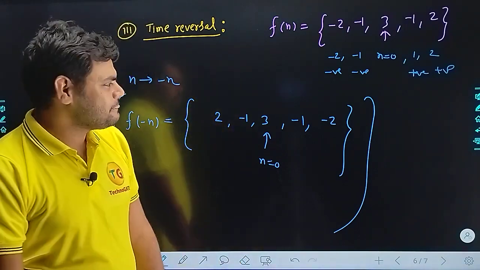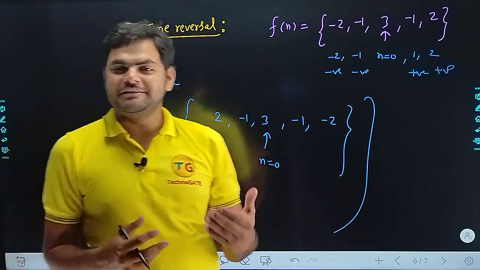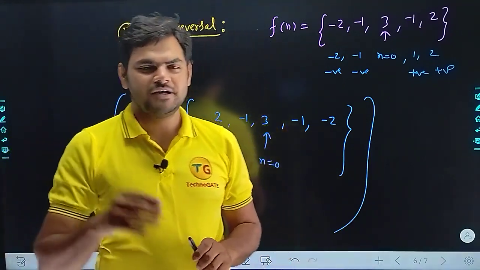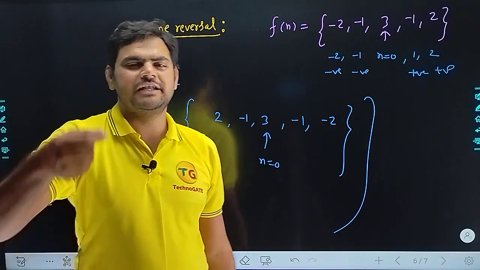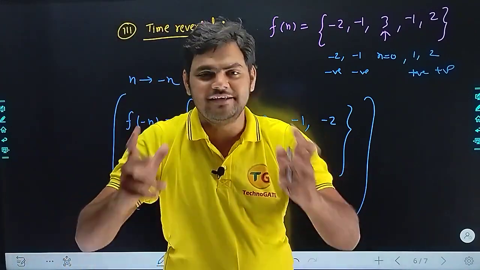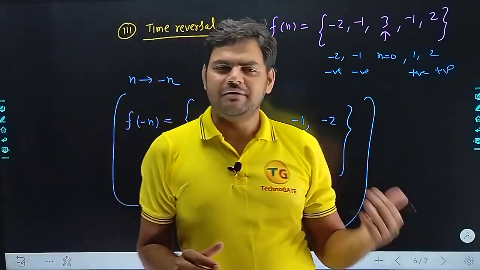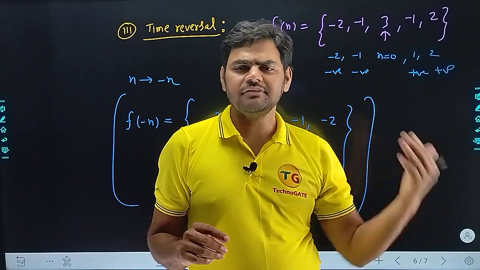Simple. Okay, guys, that will be enough for today's session. I think we will meet in the next class where we will talk about how we perform time shifting, time scaling and time reversal operations combinedly in the discrete scale. That's a brief observation because we have done this in the continuous scale.